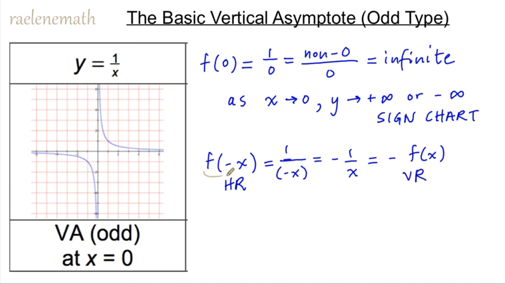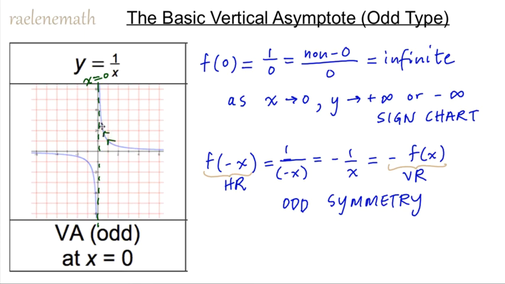So anytime we perform a horizontal reflection and the graph looks like it would have if you performed a vertical reflection, we call that odd symmetry. And so as a result, I'm referring to this parent function as having odd vertical asymptote behavior. Specifically, as x approaches the vertical asymptote, or the line x equal to 0, which is the discontinuity x-coordinate.